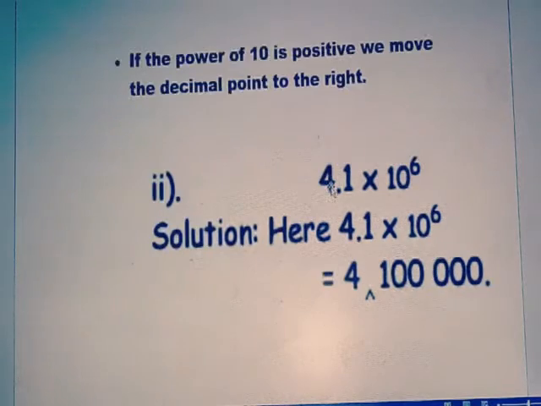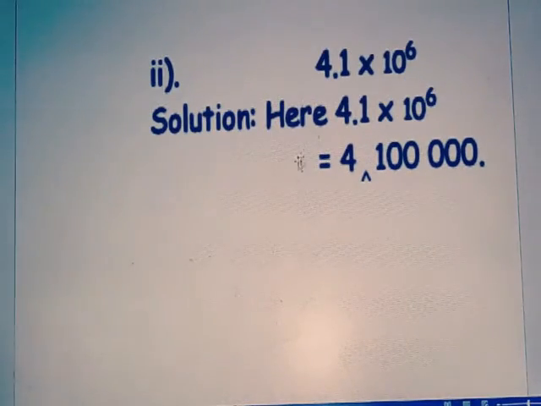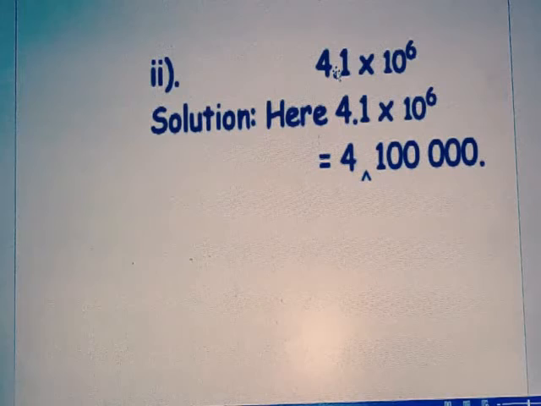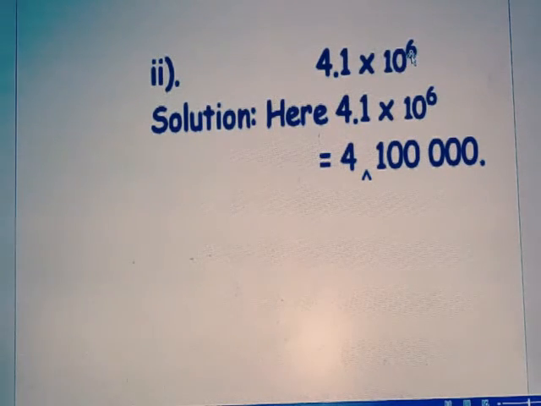For example, this is a question: 4.1 multiplied by 10 power 6. That is scientific notation, and we want to convert this into standard form, meaning to remove this power of 10. So here the power of 10 is positive, so we move the decimal point to the right.